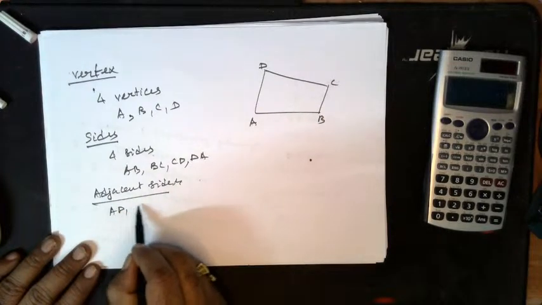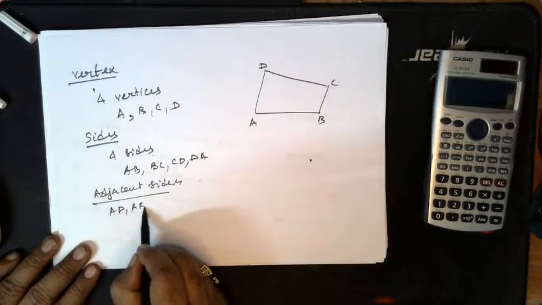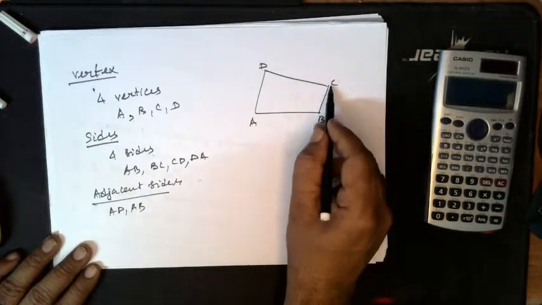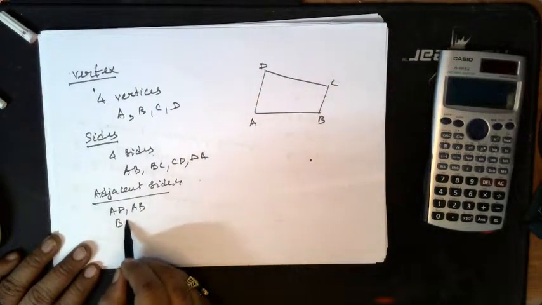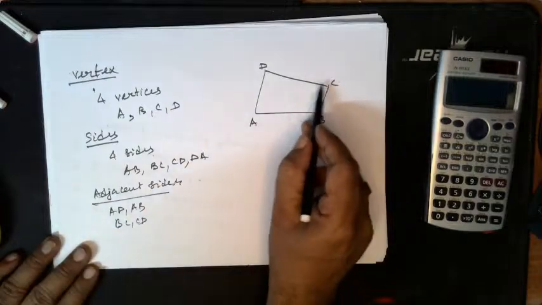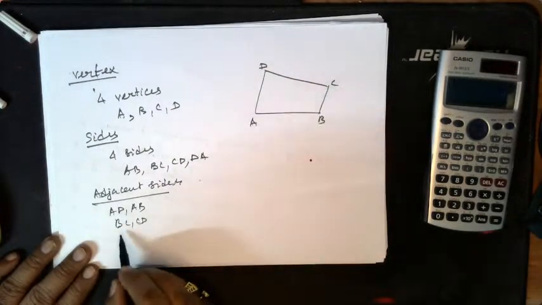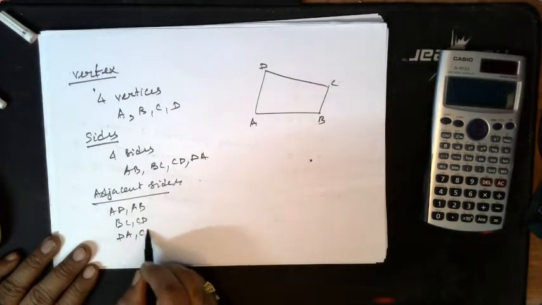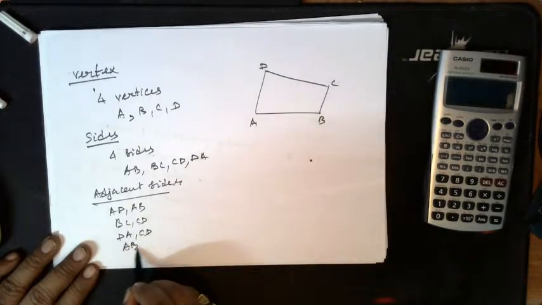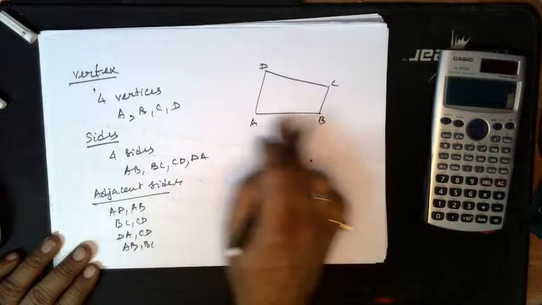Similarly, BC, CD. And you can also have DA, CD. Another set is AB, BC. So these are adjacent sides.